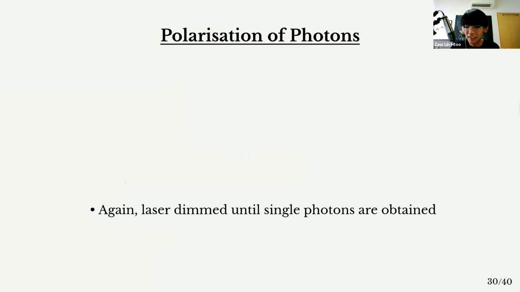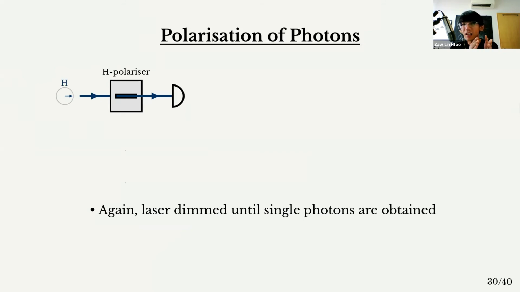So this is kind of the classical picture. So what happens if we have, let's say, H polarized light, right? A laser that's horizontally polarized, and we dim it all the way down until we get back to the single photon picture. So we're gonna find the same thing, right? If you have H polarized light and you're shining it through the H polarizer, and you dim it down until it's single photons, it's still gonna pass through every time, right?